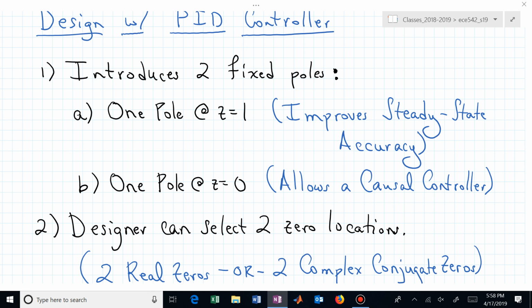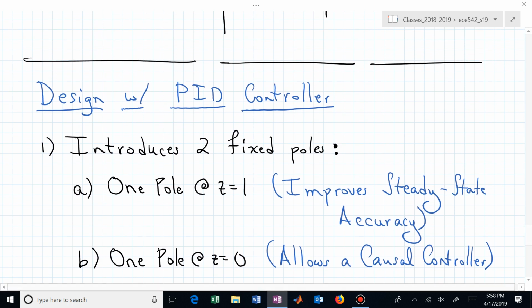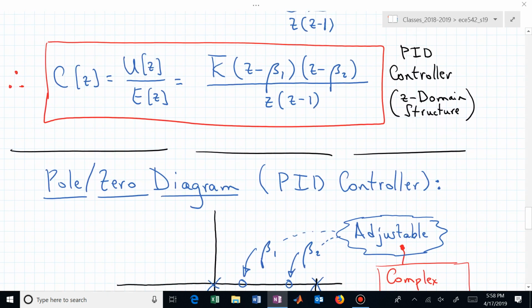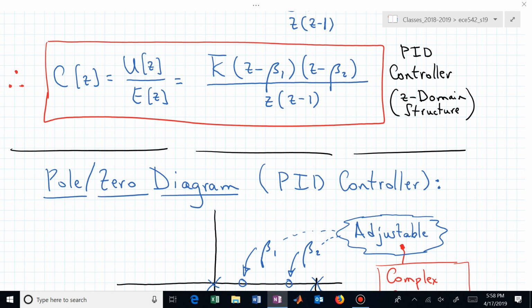That pole at z equal 1 improves steady state accuracy. It may make it more difficult to work with the transient behavior of your system, but you do get better steady state accuracy. The one pole at the origin, remember when we had deadbeat response? That was a really fast pole. Well, here we're putting a pole at the origin, or we can think of it as if now we have a causal controller.